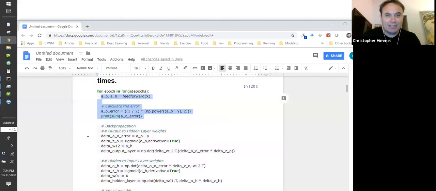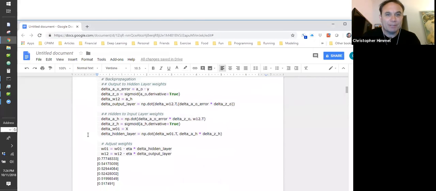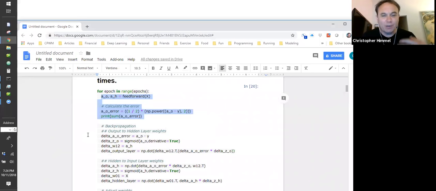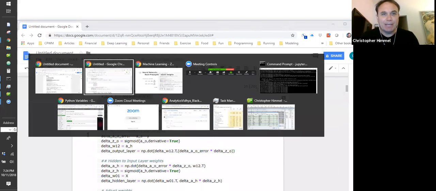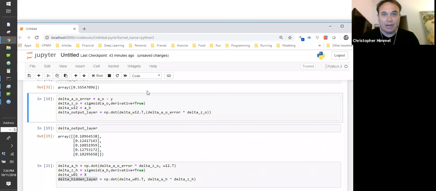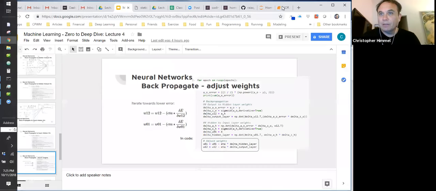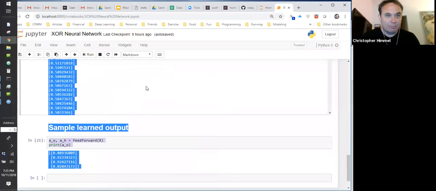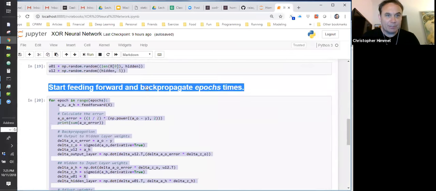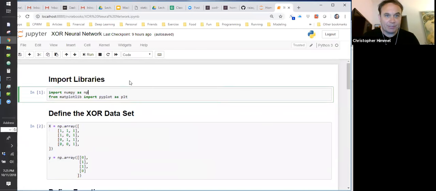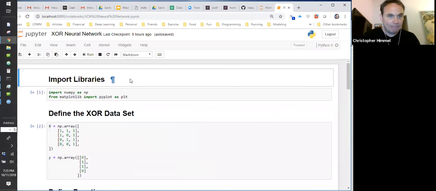Okay, so now let's run our code and watch what happens when we run this over and over and over again, and see that our error actually does get better. All right, here's our base code. I'm just going to step through this because it's a different kernel.